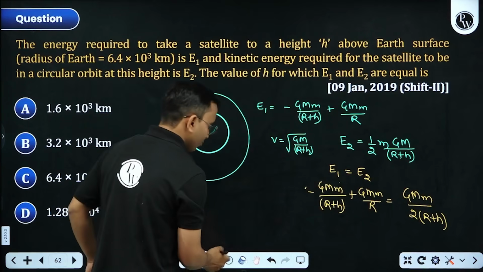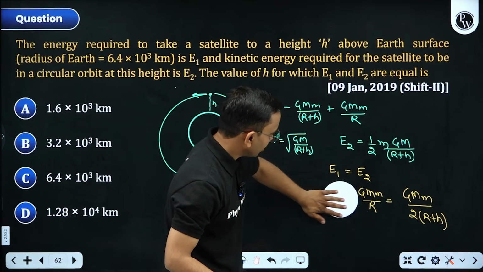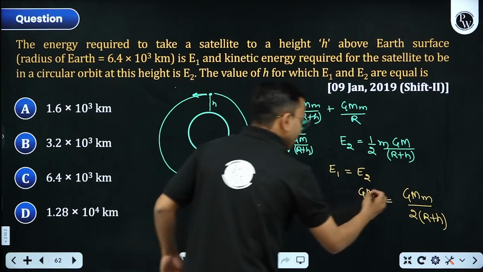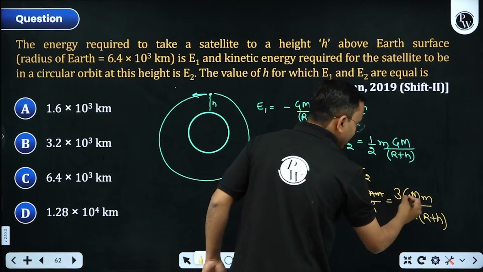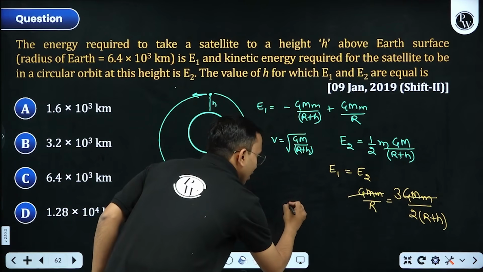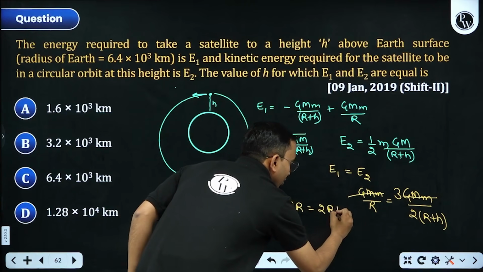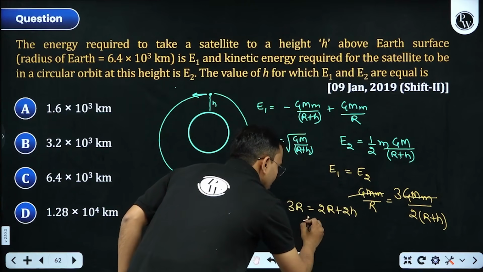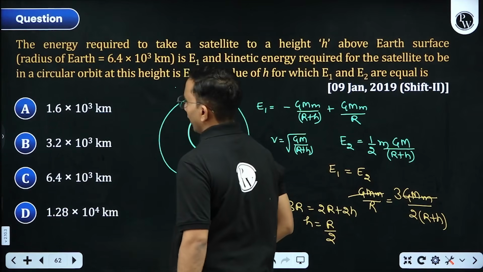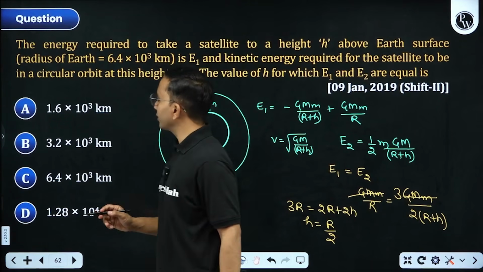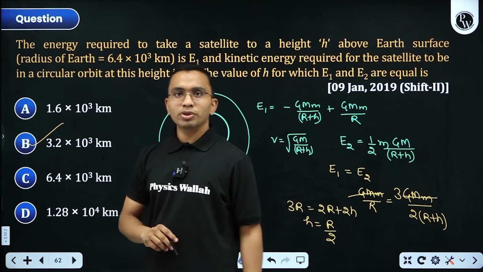Now GMm got cancelled, 3R comes out to be 2R plus 2h, so h comes out to be R by 2. R is 6.4 into 10 to the power 3 kilometer. So R by 2 is 3.2 into 10 to the power 3 kilometer.